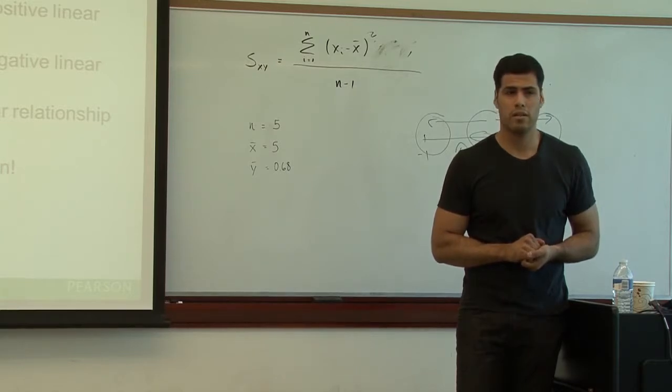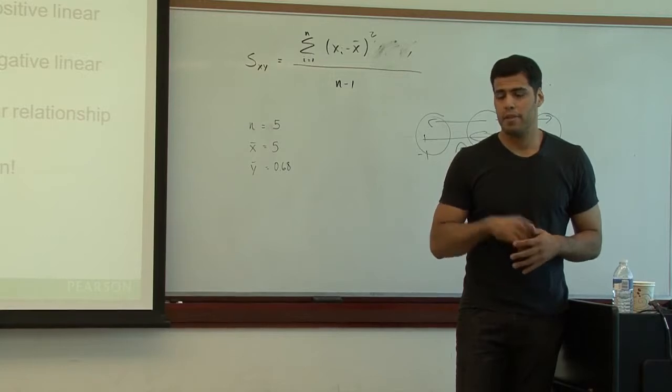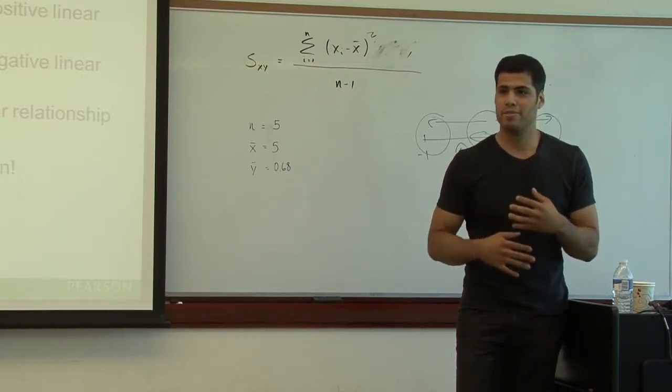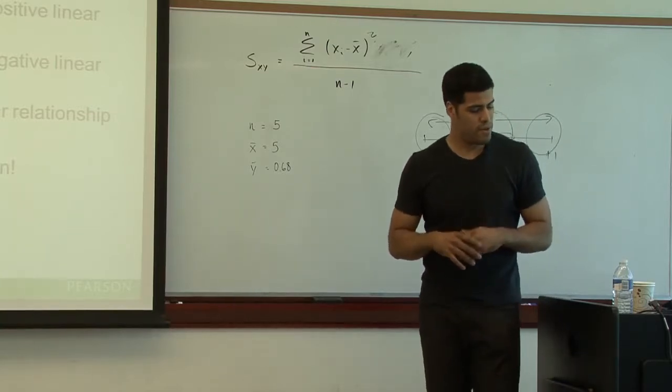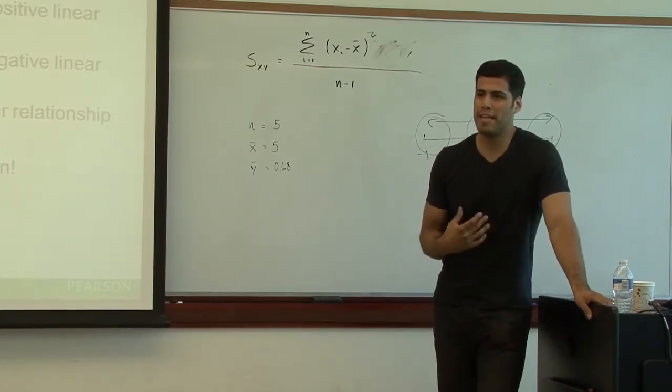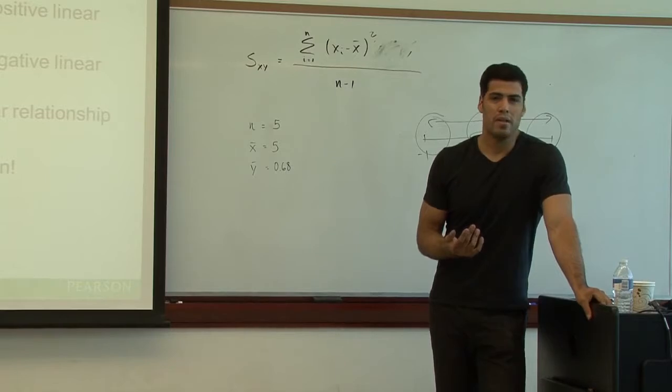Price or quantity? Quantity, right? I mean, everything moves in circles in economics. Everything affects everything in a way. But if you had to pick one answer, price would be the independent variable.